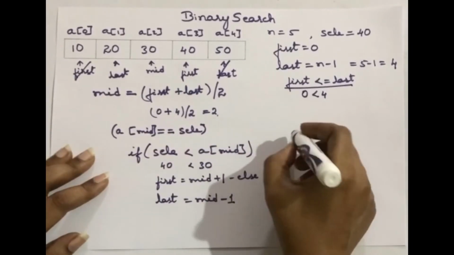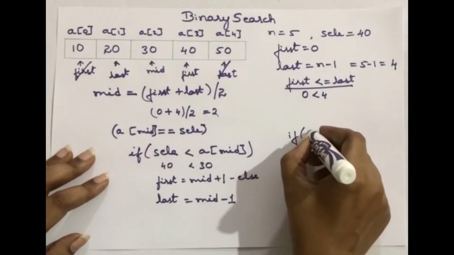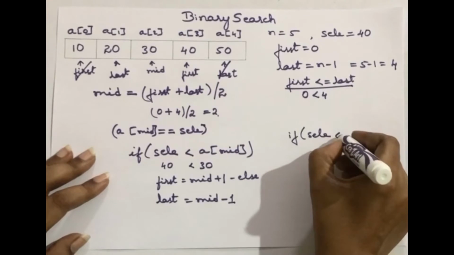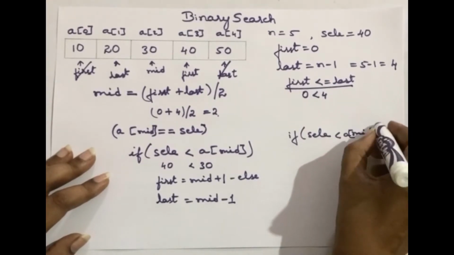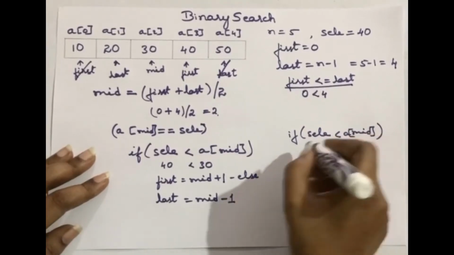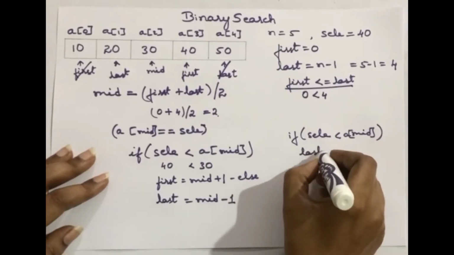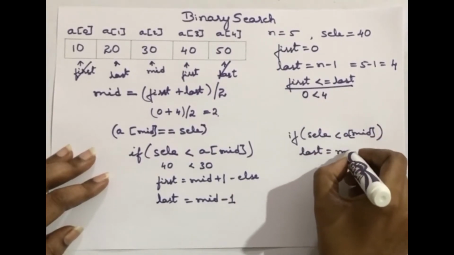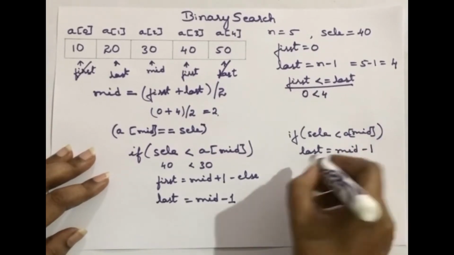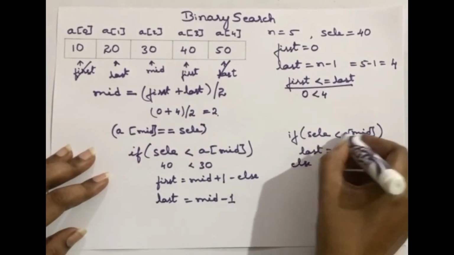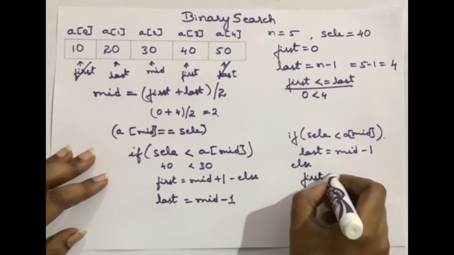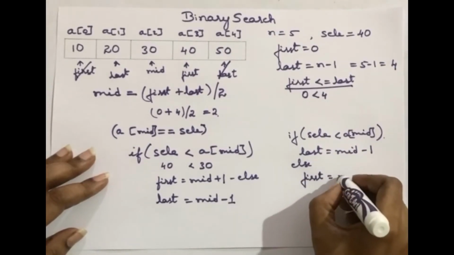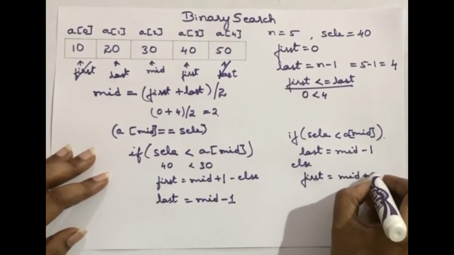So, the code will be: if search element less than A of mid, when this condition is true, we will move the last pointer to mid minus 1. Suppose this condition is false, then we will move the first pointer to mid plus 1.